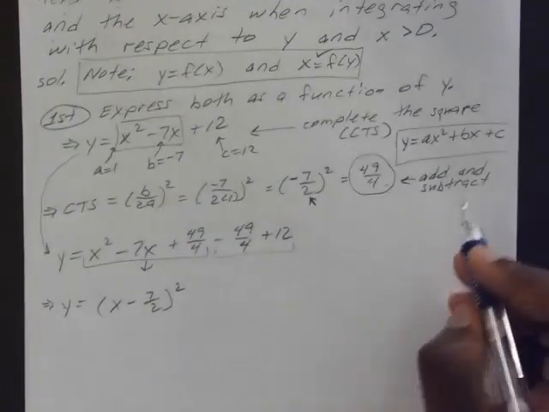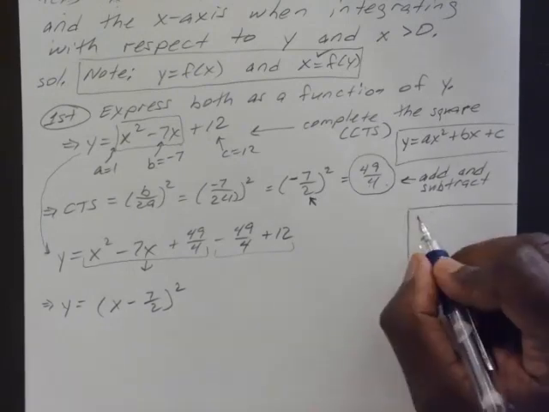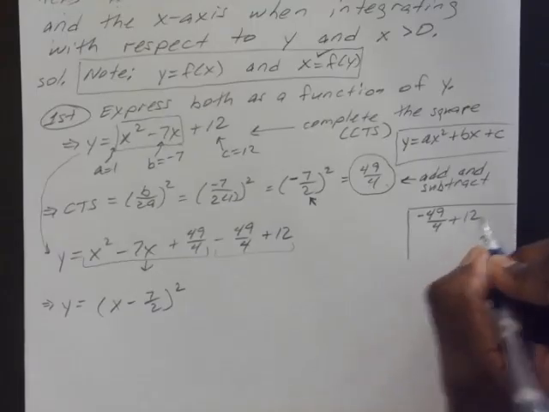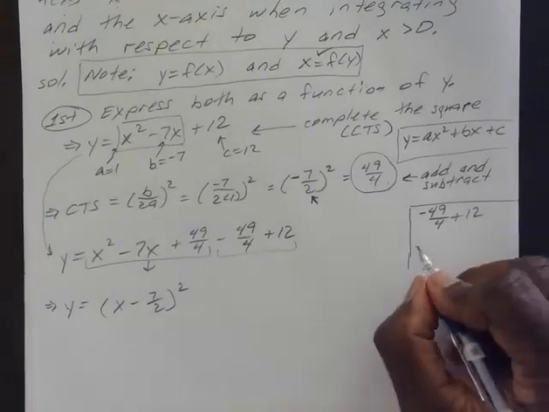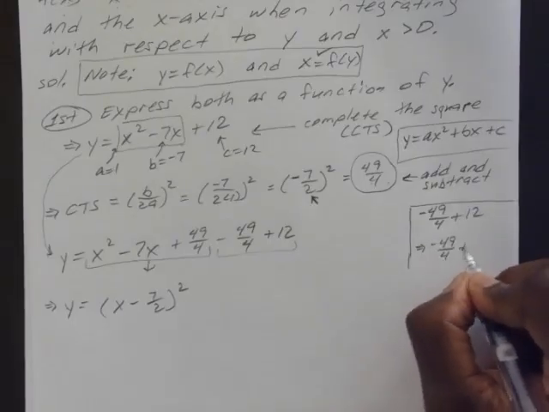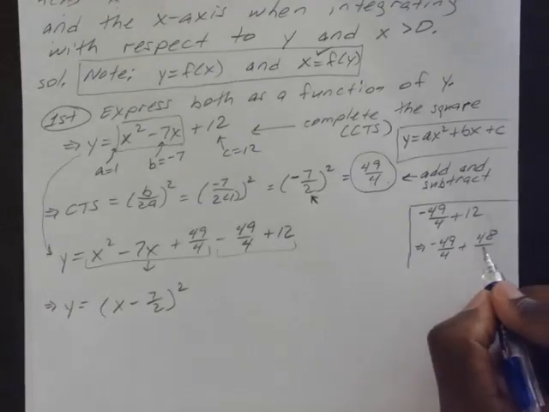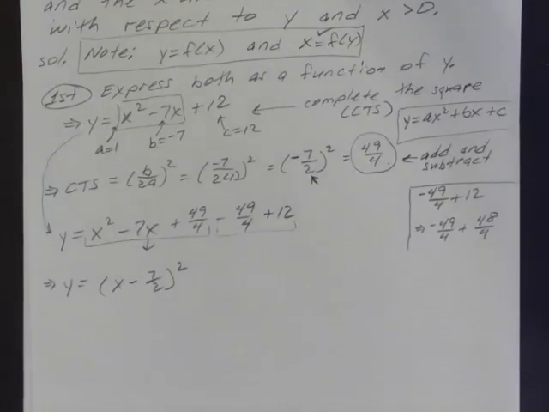And we can do that over here on the side. Okay, so we have -49/4 plus 12. We already know we can't add or subtract fractions unless they have the same denominator. So we'll make that -49/4 plus 48/4, since 48 divided by 4 is 12.